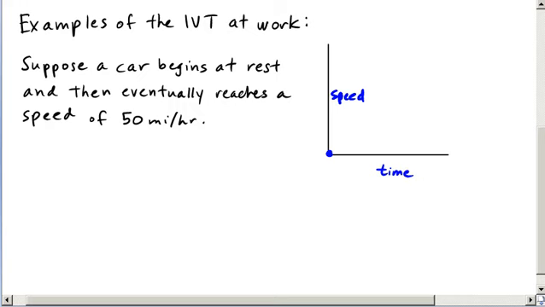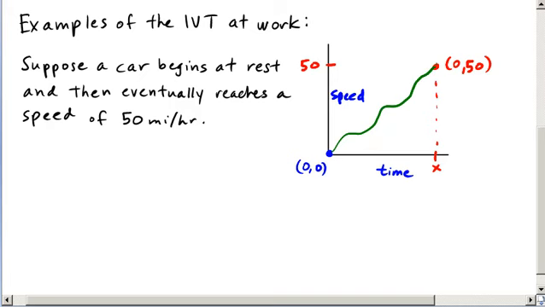We're starting at rest, so the first point here is just the origin. But then after so much time, eventually that speed gets to be 50 miles per hour. So if we look at the graph of this thing, the speed might have fluctuated until we get to that spot.